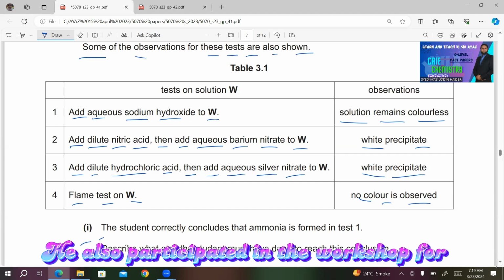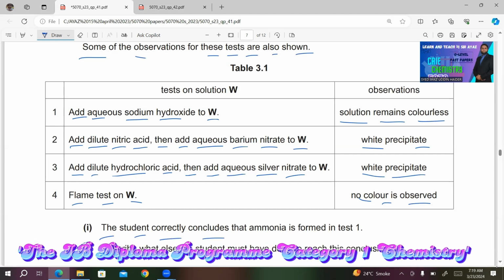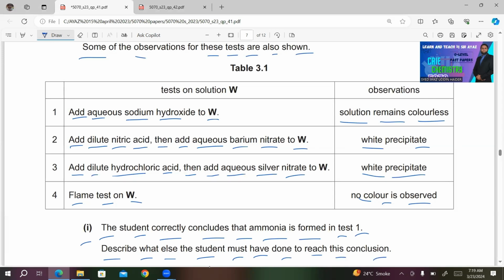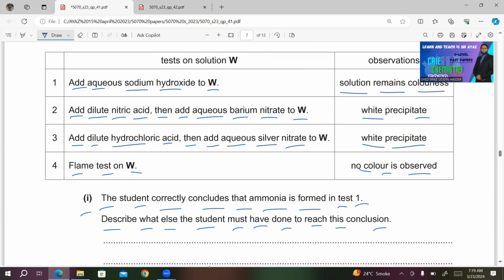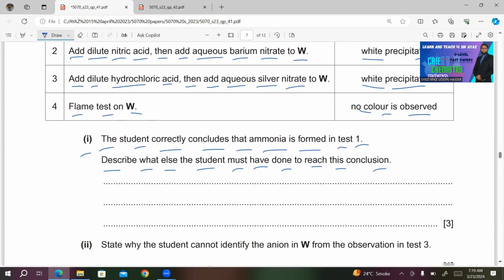Number 1, the student correctly concludes that ammonia is formed in test 1. Describe what else the student must have done to reach this conclusion. He definitely has warmed the solution and tested the pungent gas produced with moist or damp litmus paper, which will turn blue. So we will write: warm the solution.